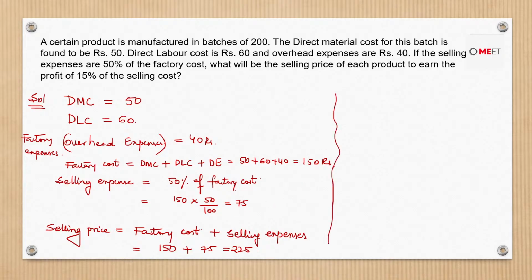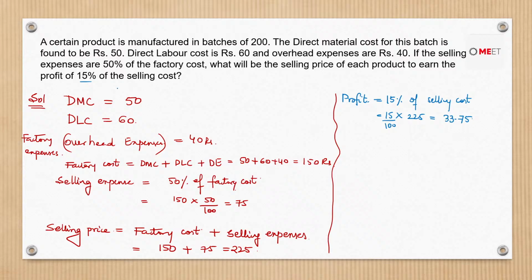And here they have mentioned profit should be 15%. Profit is 15% of selling cost. So 15 by 100 into 225. This comes out to be 33.75.